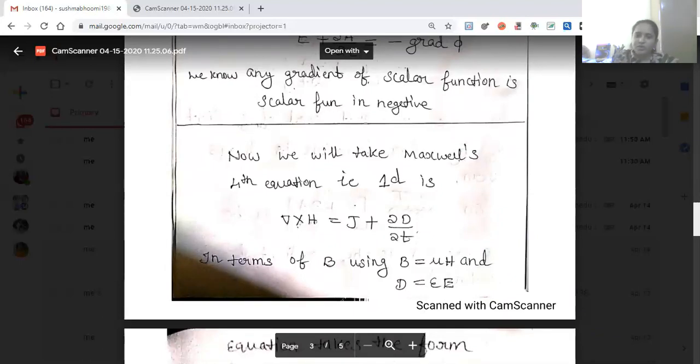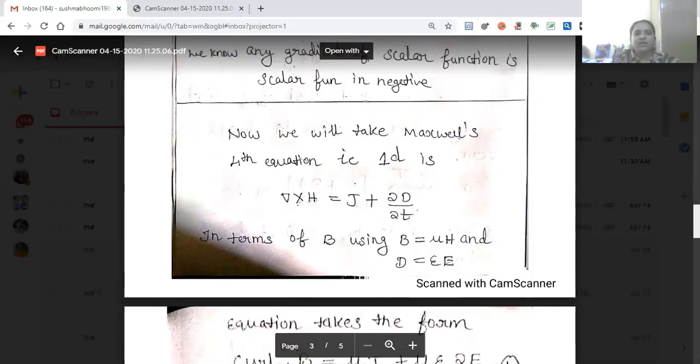Now we are going to use Maxwell's fourth equation, 1d, which is curl of H equal to J plus del by del t of D. In terms of B, you already know B equal to mu H and D equal to epsilon naught E, which you used while deriving Maxwell's equations.